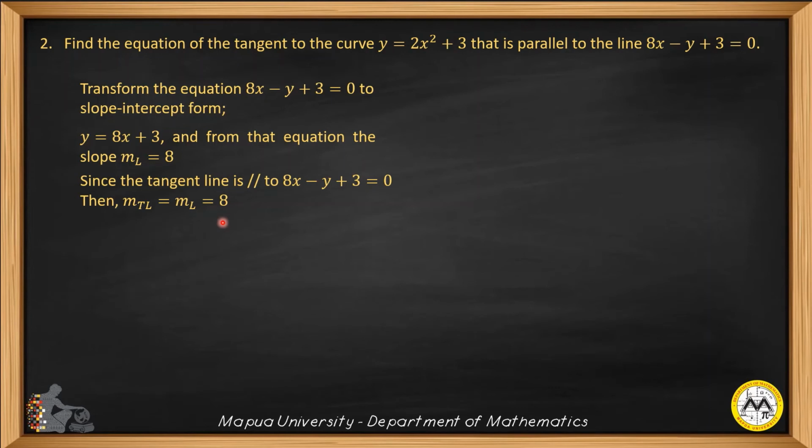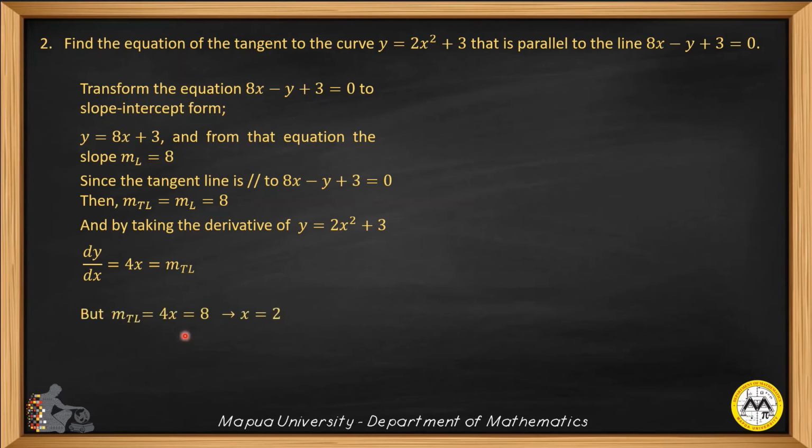Now, knowing the slope of the tangent line, our next step would be to determine the point or points on the curve y equal to 2x squared plus 3 where the tangent line will have a slope of 8. So what we do is, we work on the derivative, dy/dx, and that will just be equal to 4x, and equate this to the slope of the tangent line, which is given to be 8.